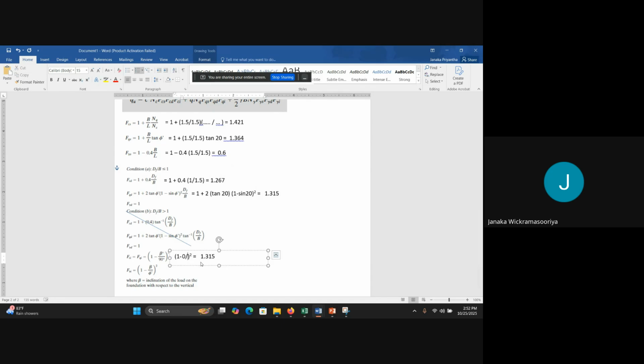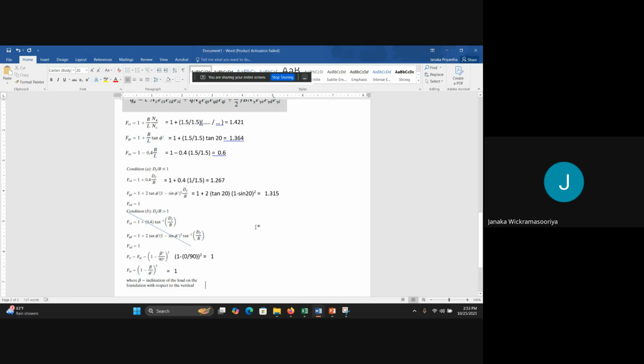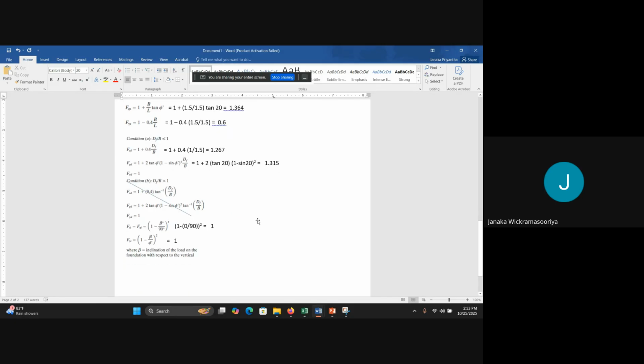Then 0 divided by 90 is 0, so that is 1. This is also 1. Then F gamma D is 1.